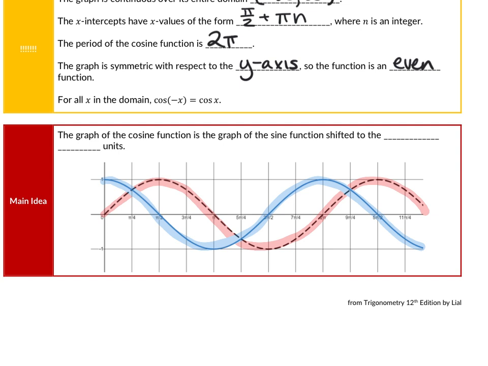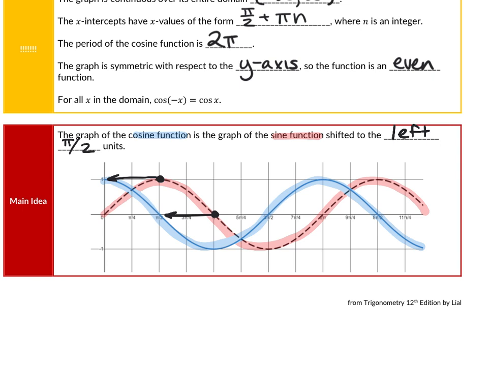So the graph of cosine, my blue function, is the same as the graph of the sine function, although it is shifted to the left pi over 2 units. Meaning, if I look at sine and find this first maximum, I would find the first maximum of cosine pi over 2 units to the left of it. The first 0 for sine, I guess technically the second since I'm not including 0, is just pi over 2, pushing it to the left.